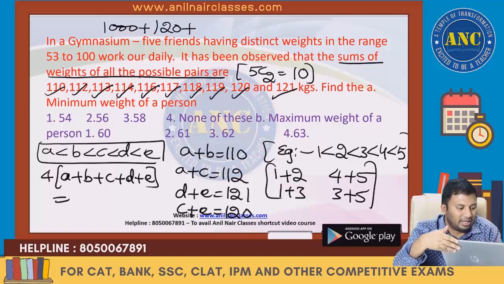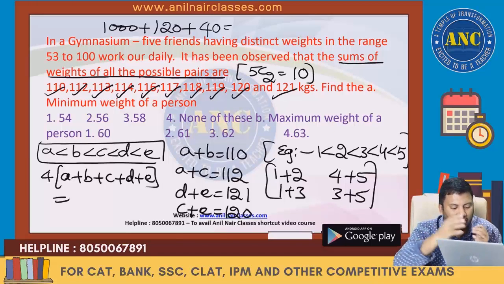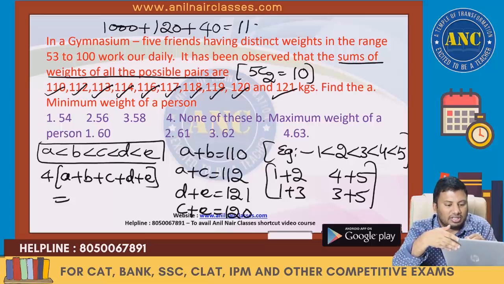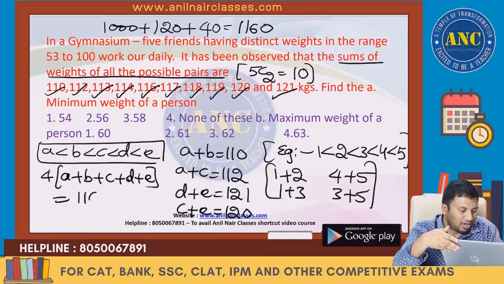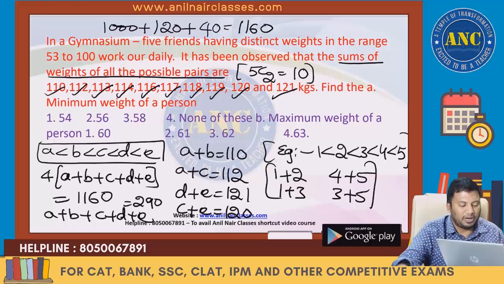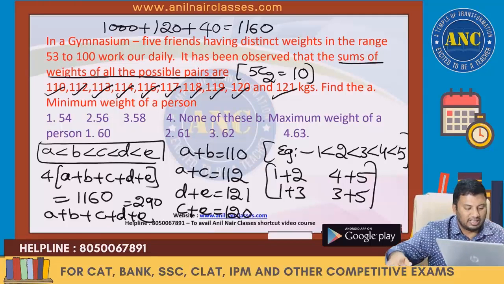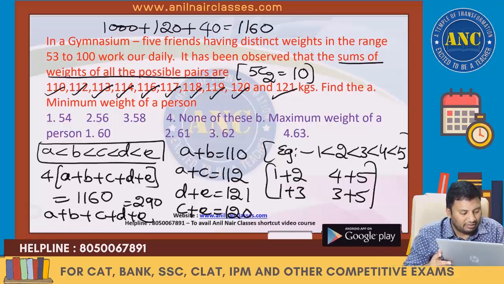Then 2, 5, 9, 15, 22, 30, 39, 40. I hope it is clear, right? So these are nothing but 1160. So A plus B plus C plus D plus E is nothing but 290. From here, all the values you will get.